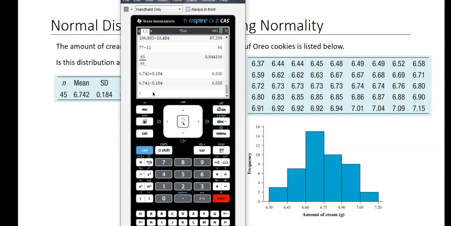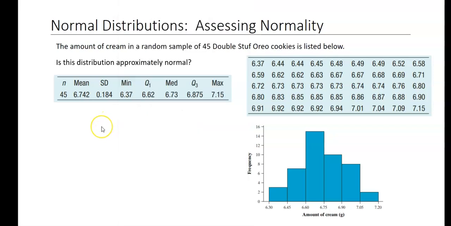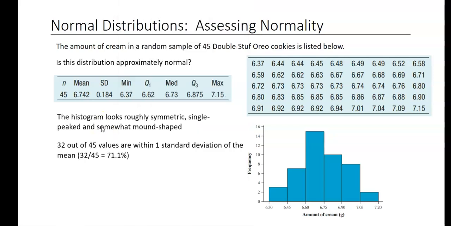So I see what that line is at 6.926. So then you're going to count how many terms are smaller than 6.558 and bigger than 6.926. So I think they did that. 32 of the values are within the one standard deviation.